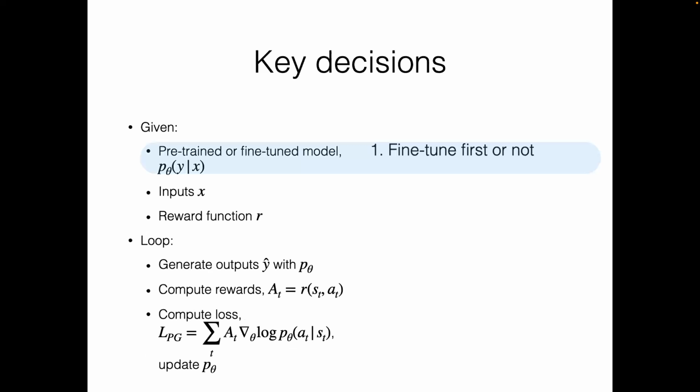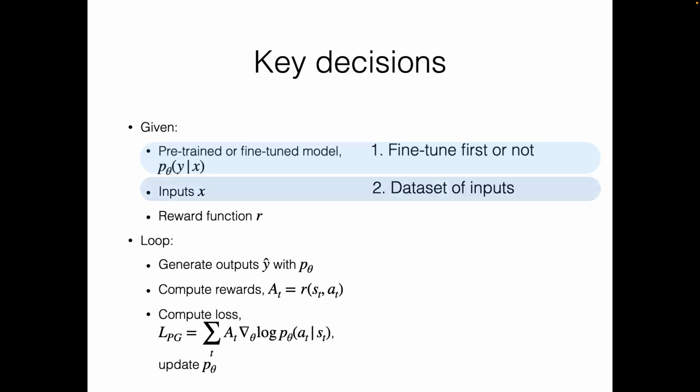So the first is which model do you choose? If you use a pre-trained model, then maybe the performance depends on how the pre-training was done. Or another question is, should you fine-tune the model specifically for your task and then do the reinforcement learning? Or should you just do the reinforcement learning starting from the pre-trained model?